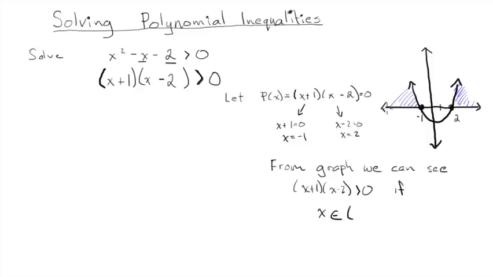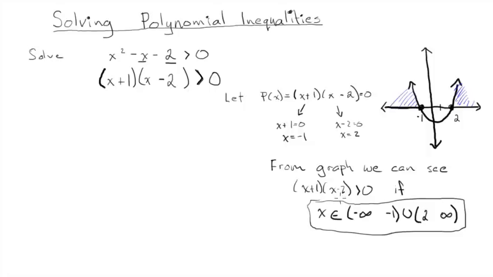The first interval would be here, all the way up to this point, -1. So from -infinity to -1, we're positive on this interval. Or from 2 to infinity. So wherever it's above the x-axis. Okay, so that is one way to solve this inequality, that's the solution to this inequality here.